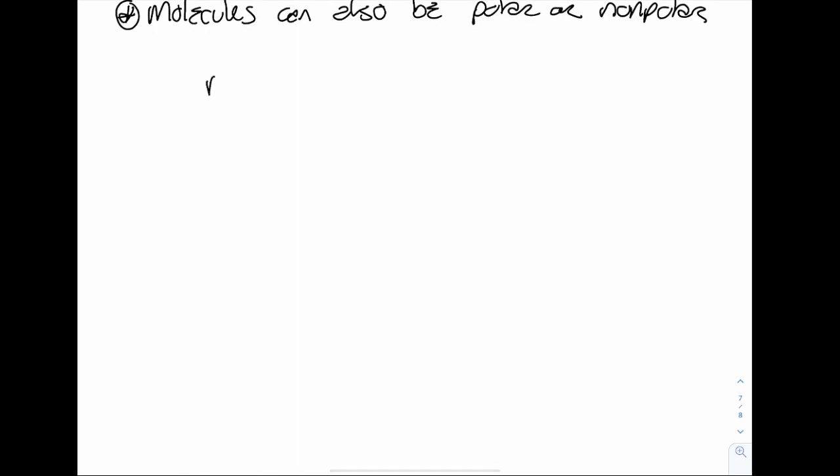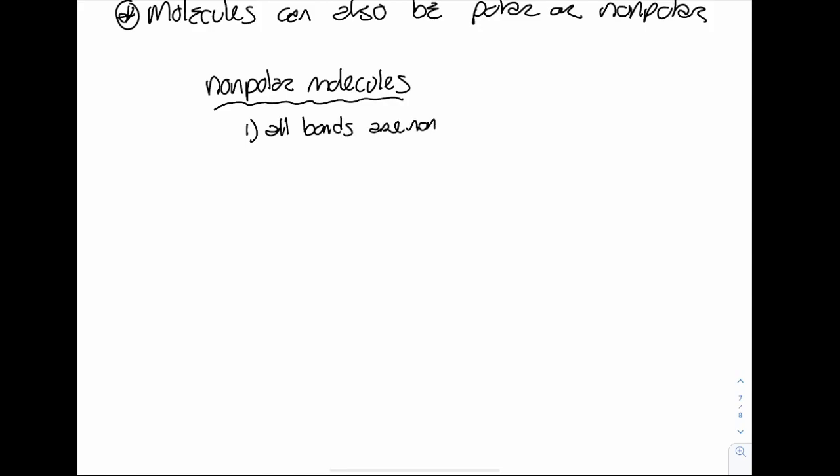So nonpolar molecules, we can actually get these two different ways. First way, all bonds are nonpolar. So if you don't have any polar bonds, you cannot have a polar molecule. So if all of your bonds are nonpolar, your molecule is going to be nonpolar.